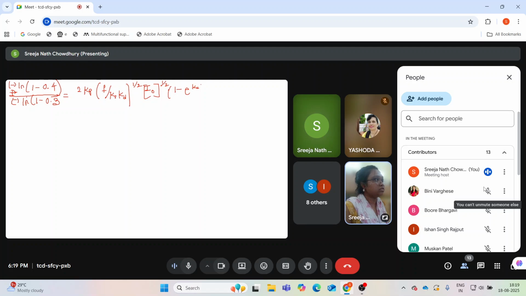So we will be left with minus of ln 0.6 divided by minus of ln 0.7, which will give you I 0.4 by I 0.3 whole to the power half. So ln 0.6, the minus will cancel out.